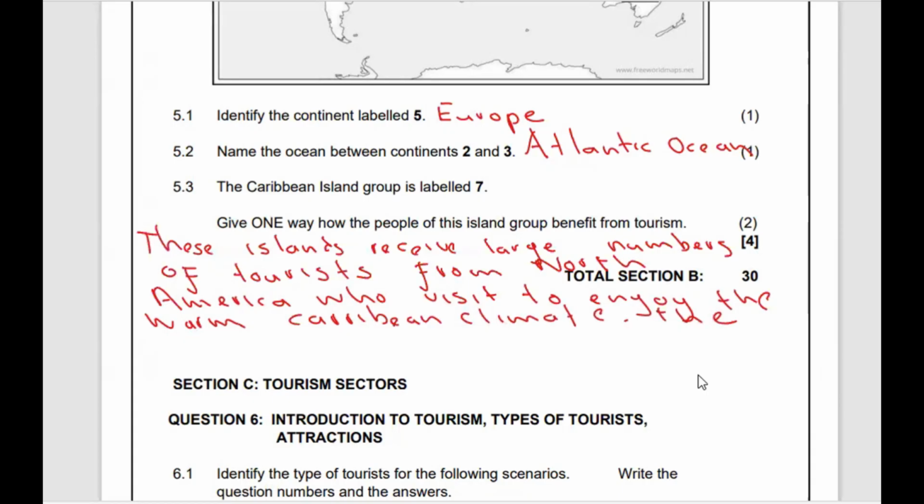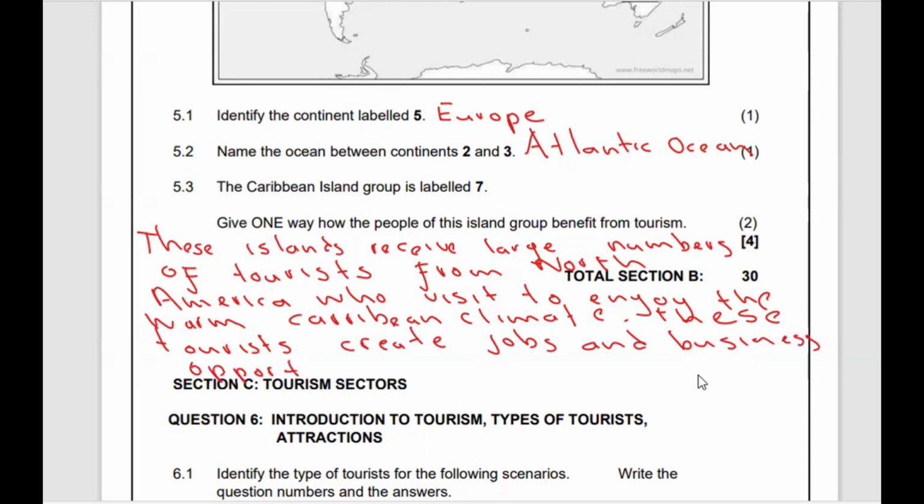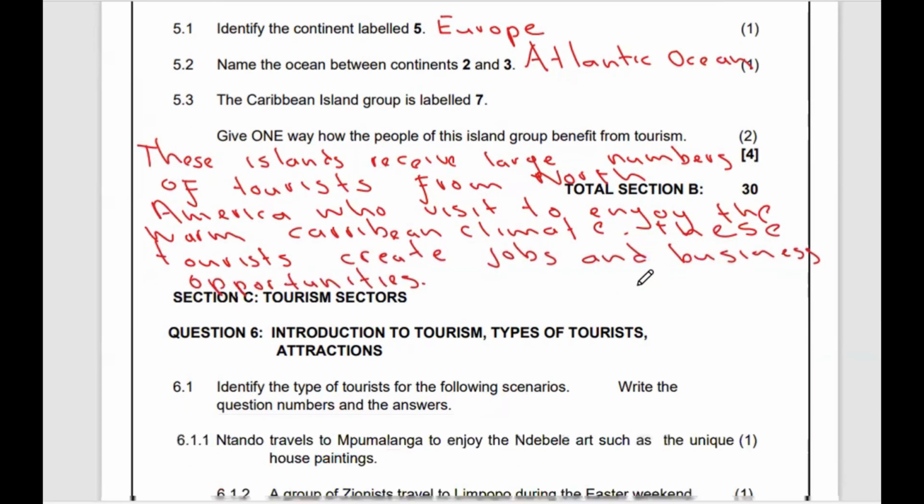These tourists create jobs and business opportunities. So these tourists would in turn create jobs and various business opportunities.